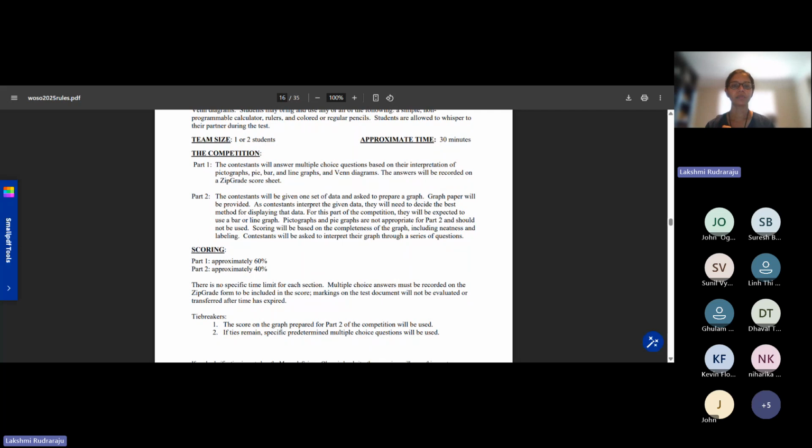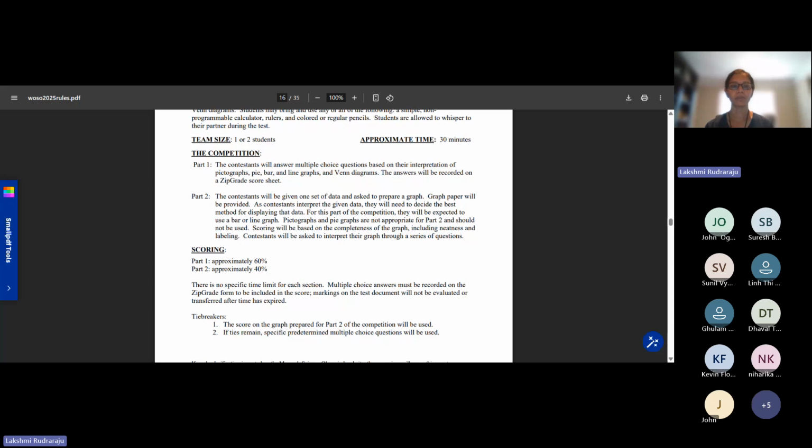Part 2 is where they are given a problem and have to choose a suitable graph for that particular problem, and graph it on a graph sheet that will be provided. I will also show you the graph sheet as an example.